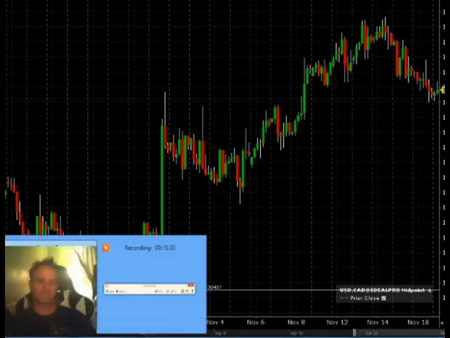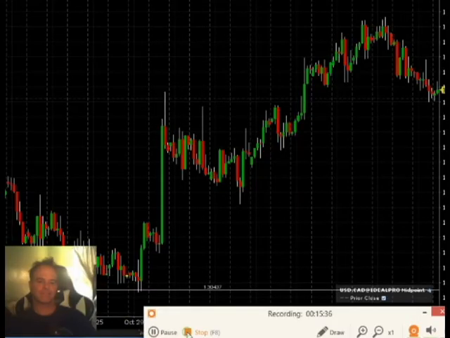Okay, and if we see a move high in oil, let's say a momentum trade, then we should see the CAD continue its downtrend. So again, I'm doing a bear chart here.